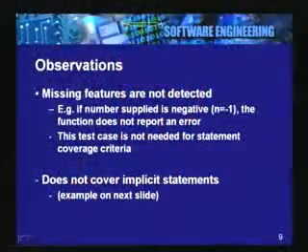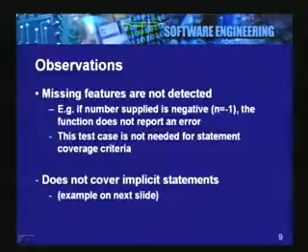Now, let us look at some of the observations. We say that missing features do not get detected. How come? Are there missing features? For example, in this program, if the number supplied is negative, the function does not report an error. There is no feature in this function to return with an error if the number supplied is negative.